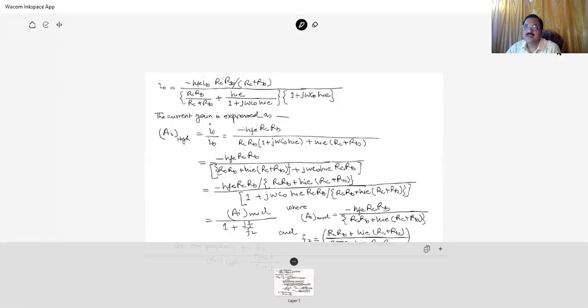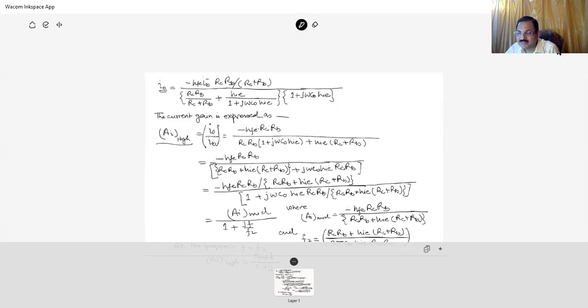high frequency range, the current gain, that is current is this expression. This is a complete expression, and current gain AI at output is this I0 divided by this IB. So the remaining expressions are HFE dot RC dot RB, and this is RC dot RB into 1 plus j omega C0 HIE plus HIE RC plus RB. This is multiplied, so this is cancelled, and here it is the one expression.